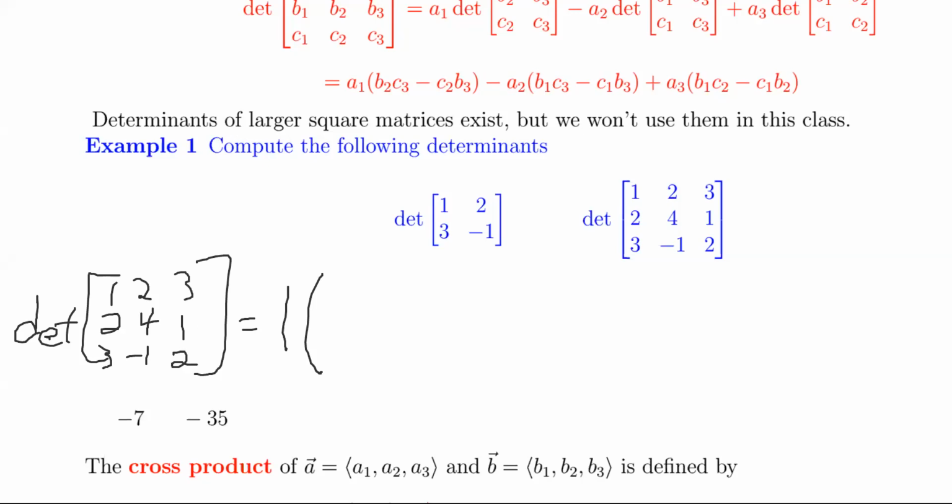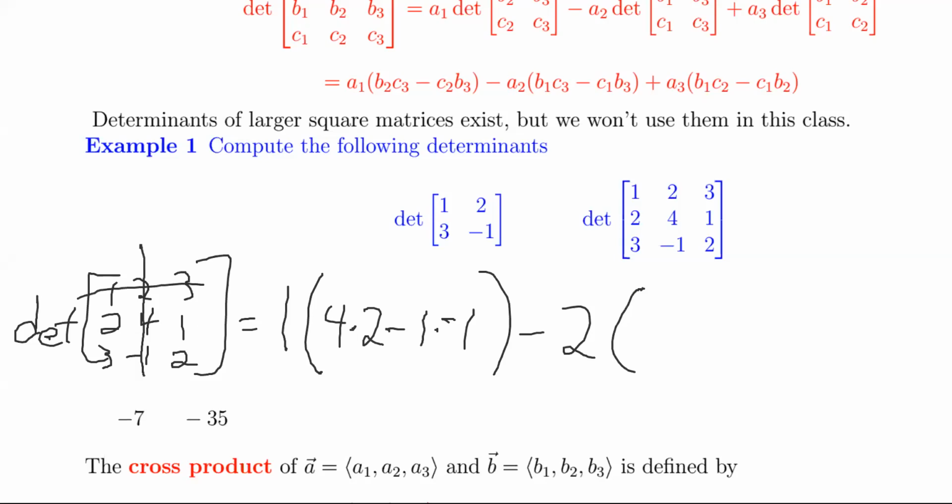So what is that? Well, that is 4 times 2 minus 1 times -1. And then we want to subtract off 2 times the determinant of what is left over when we cross off the row and column that 2 is in. Well, we see what's left over is the determinant of 2, 1, 3, 2.